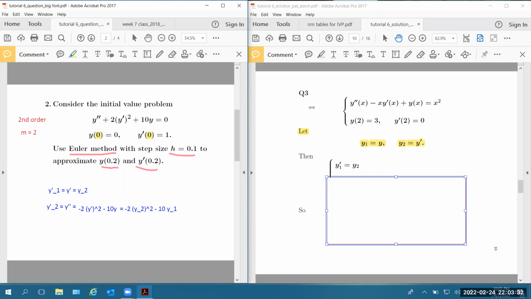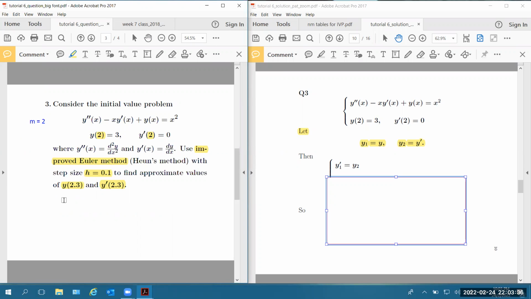But the second one, when you differentiate, will be different now. You will get y2 prime equal to y double prime. So what is y double prime, class?